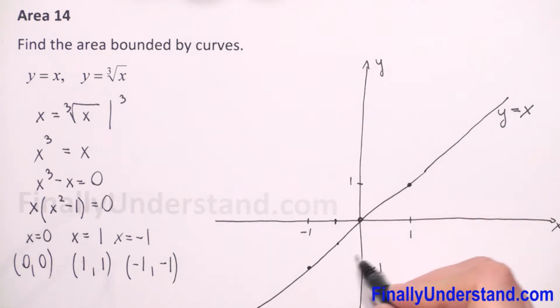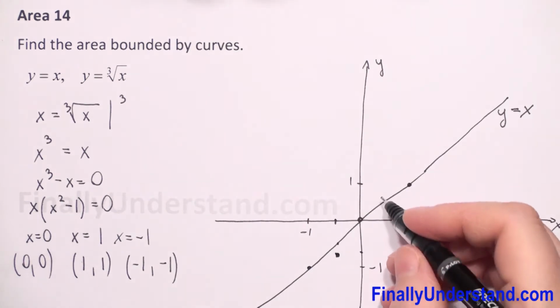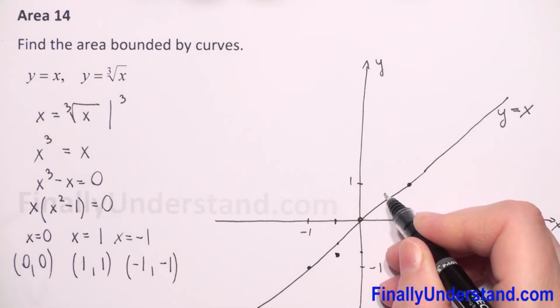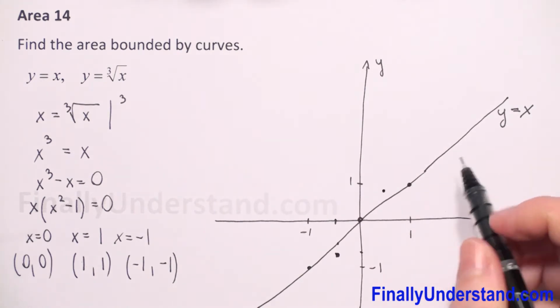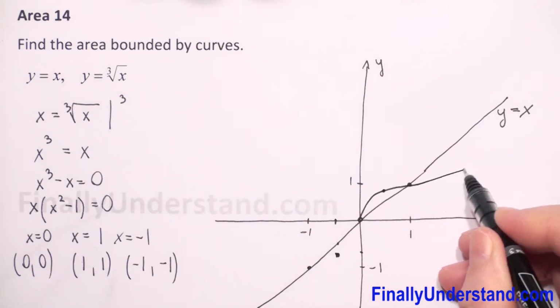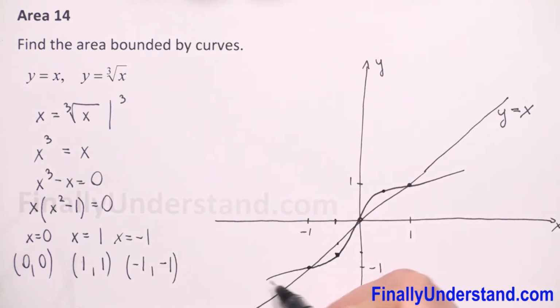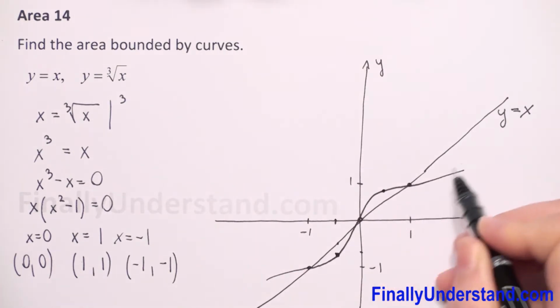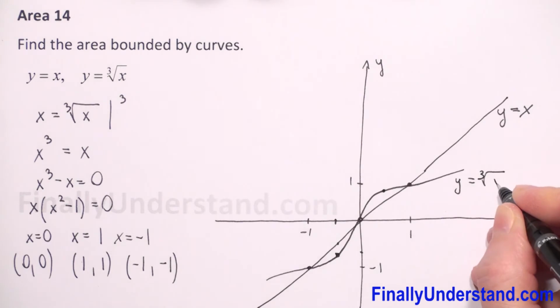So you can put it approximately here. Next we will check 1/2. We get the same value, only positive, 0.79. This is above our y equals x. So in this part, this curve is above, and in this part of our graph, it is under our y equals x. So this is our y equals cube root of x, of course.